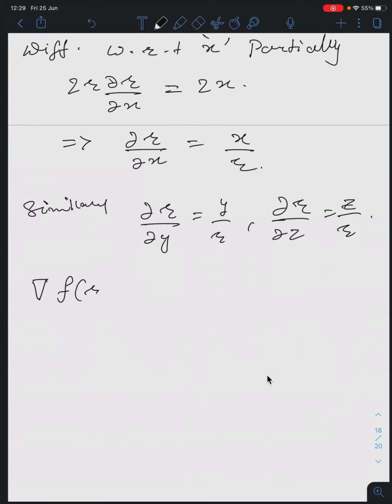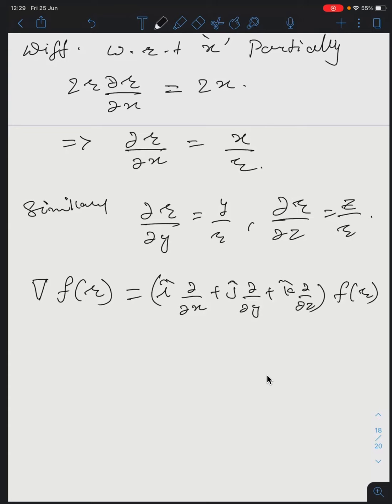Now let us calculate what they have asked us to: gradient of function. This is given by i cap dou by dou x plus j cap dou by dou y plus k cap dou by dou z applied on f of r. We don't know what the function is, some function in terms of r.